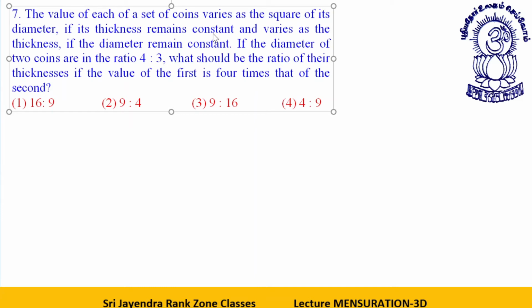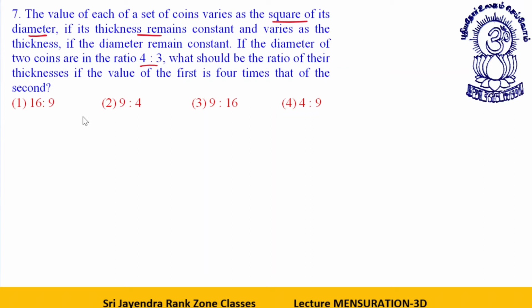The value of a coin varies as the square of its diameter if thickness remains constant. Okay, this value is proportional to d square. I also know that volume is proportional to r square, or also you can say volume proportional to d square. D is just double of r, nothing else. Let this be right now v.